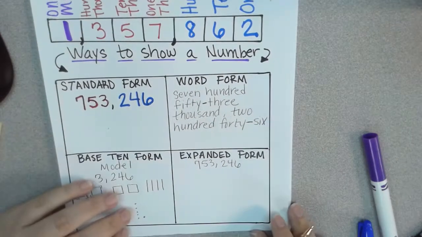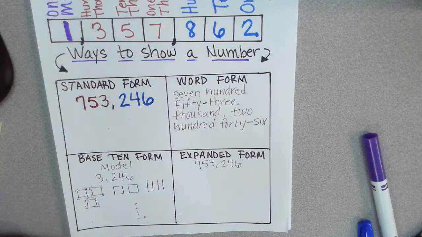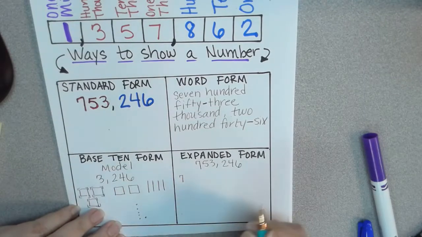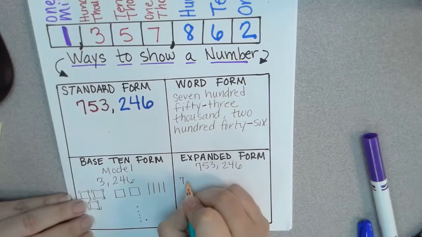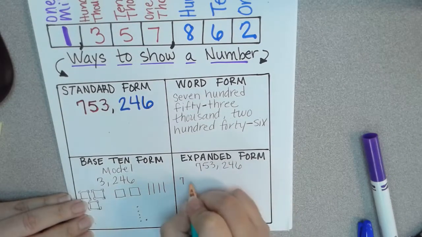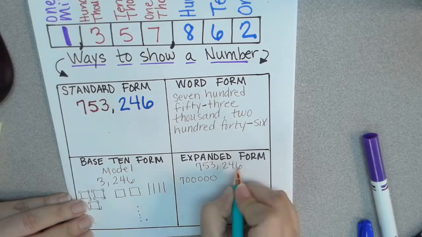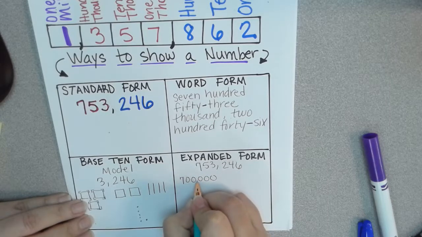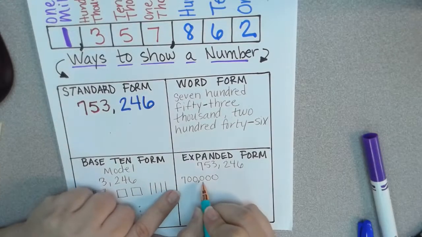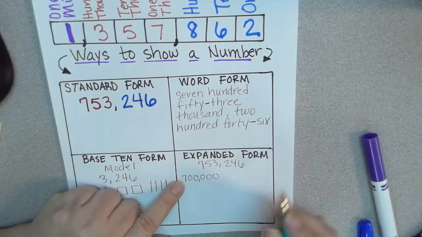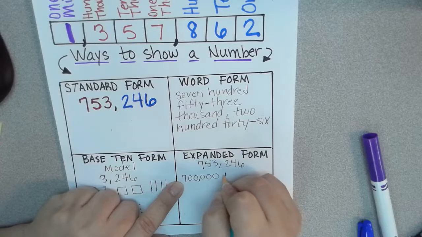How many 100,000s do I have? I have 7, and then all of these become 0. So I have 1, 2, 3, 4, 5 zeros, and it's 1, 2, 3, and then a comma. So I have my 700,000, and then remember I put a plus sign.